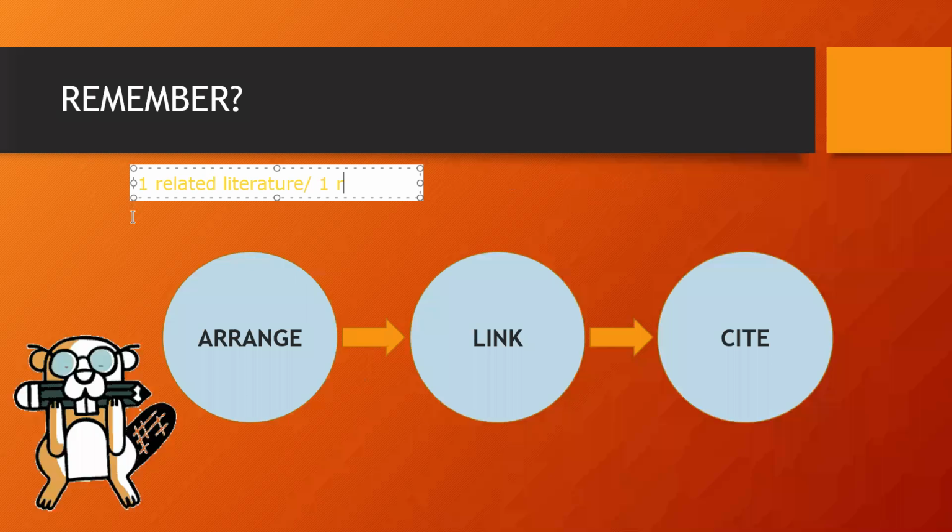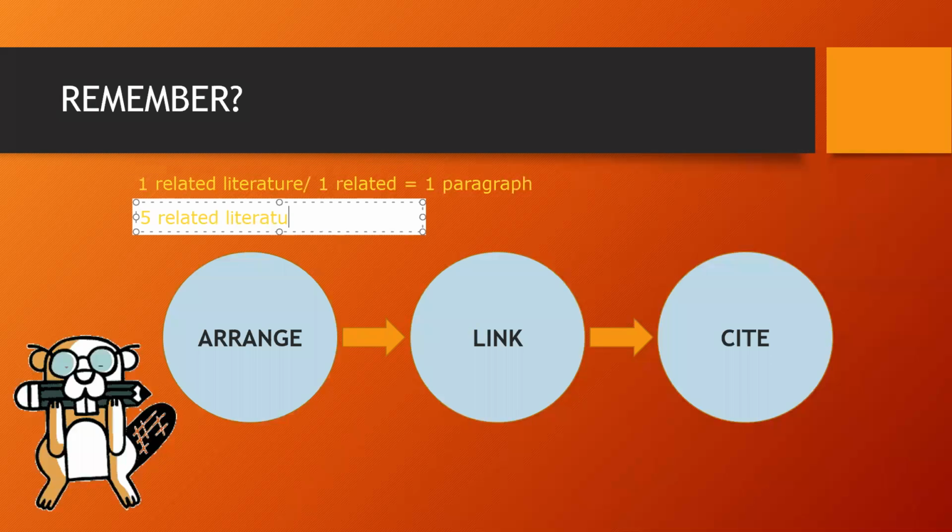As a requirement for your paper, we need 5 related literature or related conceptual literature, and also 5 related studies. So that would be a total of 10 literature reviews under chapter 2.